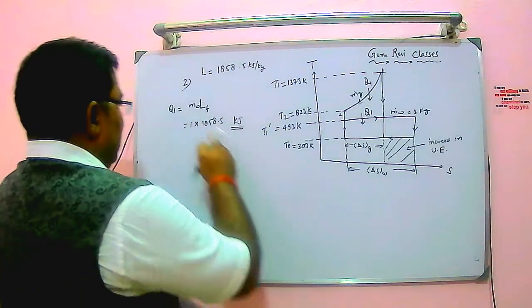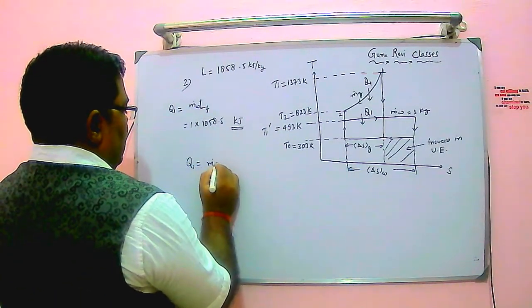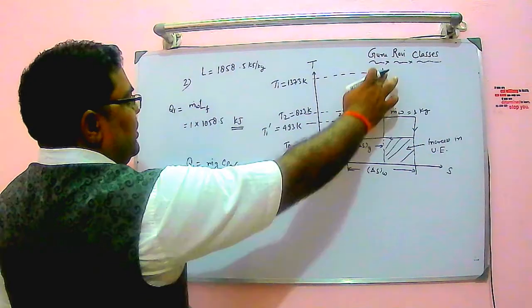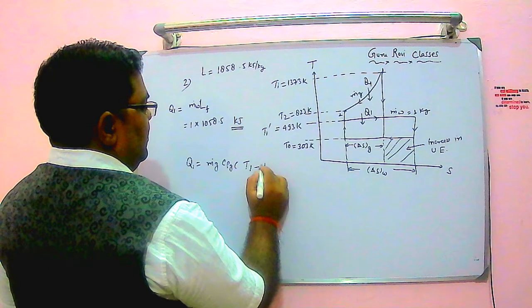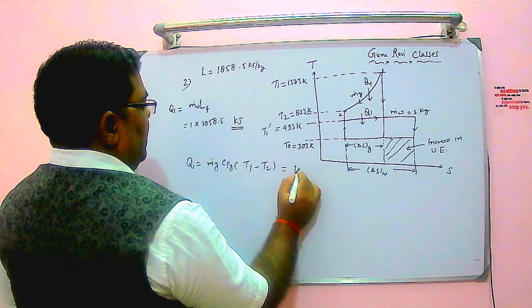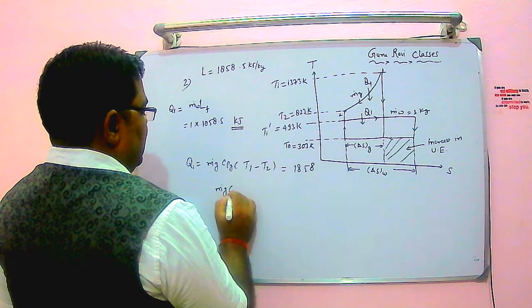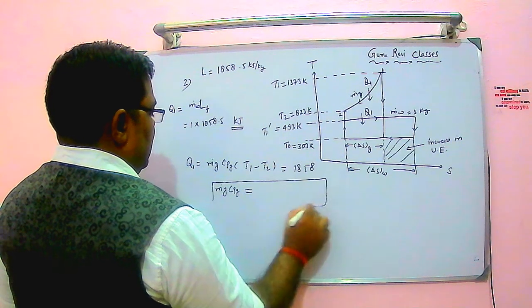The same Q1 is nothing but mass of gas, Cp of gas, temperature 1 minus temperature 2, that is 1858.5. So I can get the mgCpg value from here.